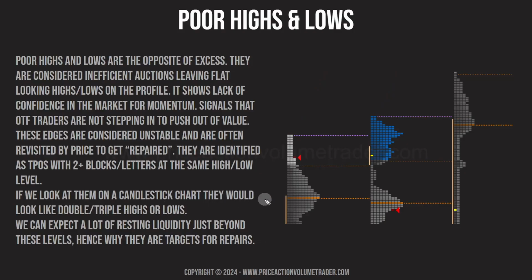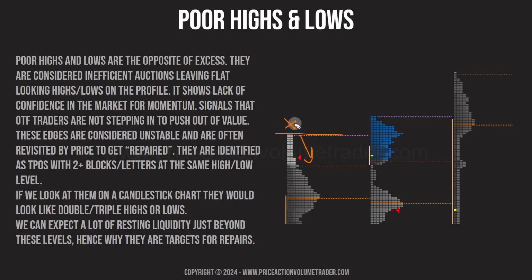If we look at them on the candlestick chart, these poor highs and lows are going to look like double or triple highs or lows. And we can expect a lot of resting liquidity just beyond these levels, hence why they're targets for repairs. So if you follow any of what's called the smart money concepts, you know that people say when you have double tops and bottoms, most likely we got a lot of stops from people that went short.